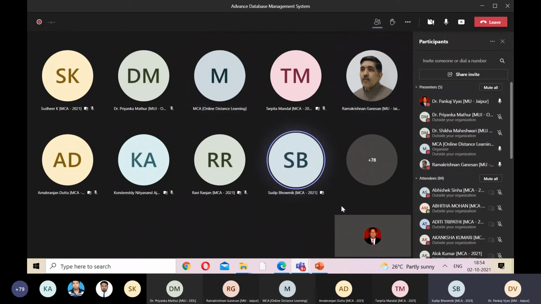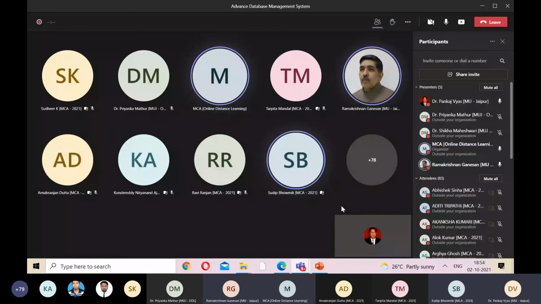Regarding the examination slots, is it possible to have some more slots in the evening or late evening? Because I am working. Yes, Mr. Sudeep, we have understood your query. The current framework allows exams to start on a weekend, Saturday, and we will have three slots per day as announced.